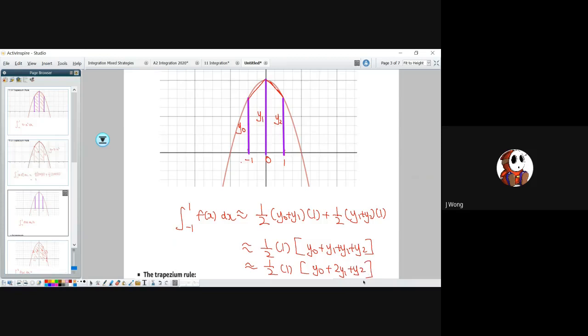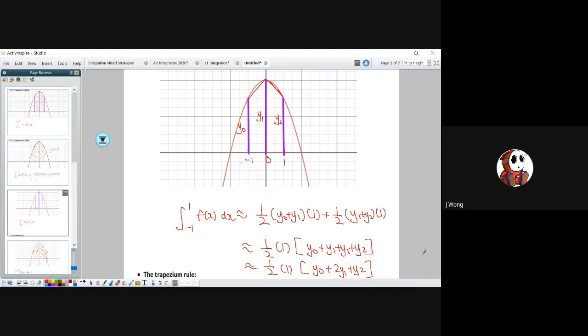So you could see that if I'm just going to generalize the idea with letters, then I'll end up inside a square bracket with y0 plus 2y1 plus y2. But how does the general formula look in terms of n?